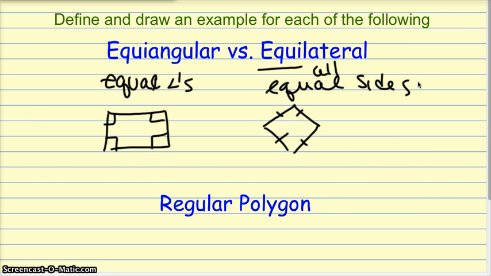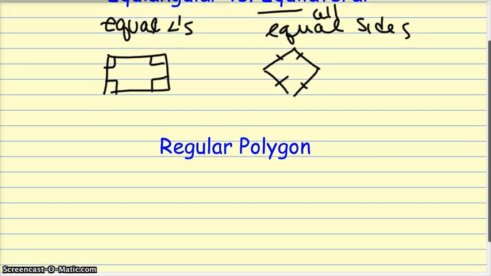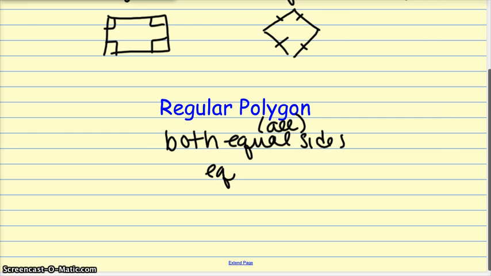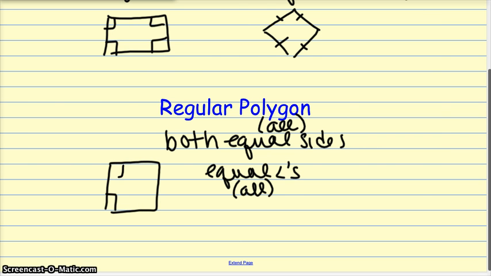And then a regular polygon is where you have both equal sides, and we're talking about all equal sides, and equal angles. And again, all of the angles are equal. So an example of this could be a square. Octagons, pentagons all have regular shapes.